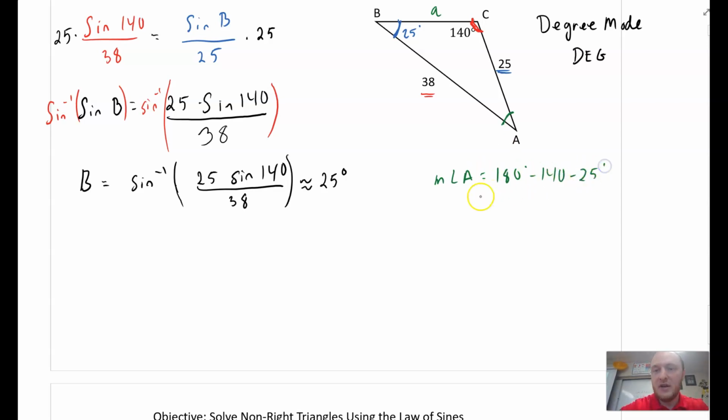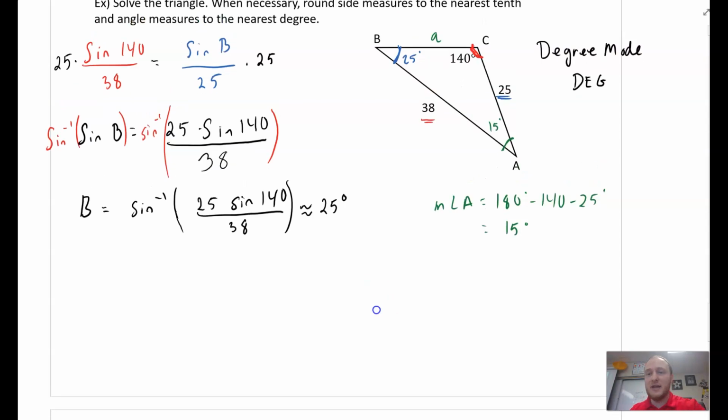Subtracting 25, that leaves me 15 degrees. Ta-da! There it is, 15 degrees. And I know that 25 degrees is approximated. This is actually a low rounding, right? So 15 is slightly approximated, but there's no way around it. I can't utilize law of sines to help me find A. It's a little approximated, so I know it's rounded, but that's just the way it is.